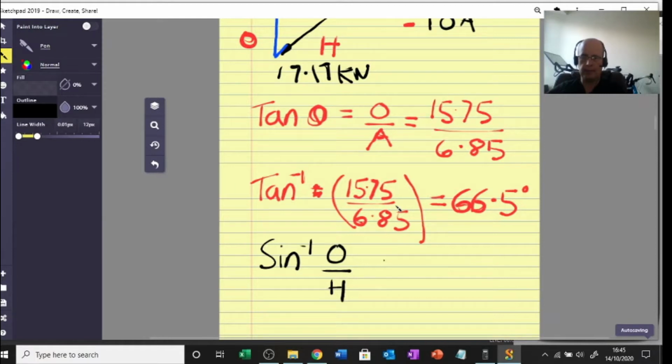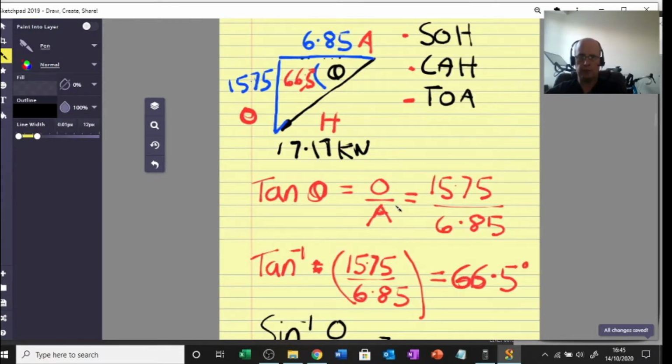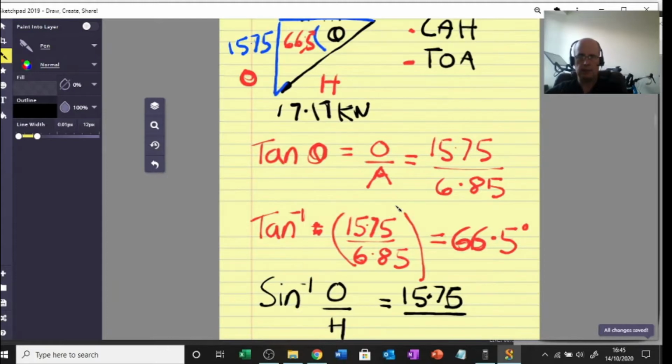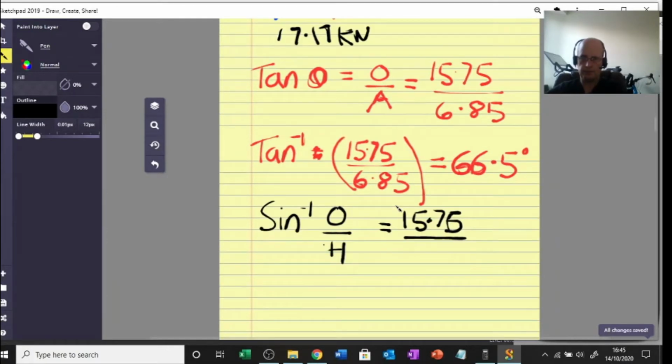If we get the right answer, we know we're sort of correct. So the opposite was 15.75, and this is 17.17.